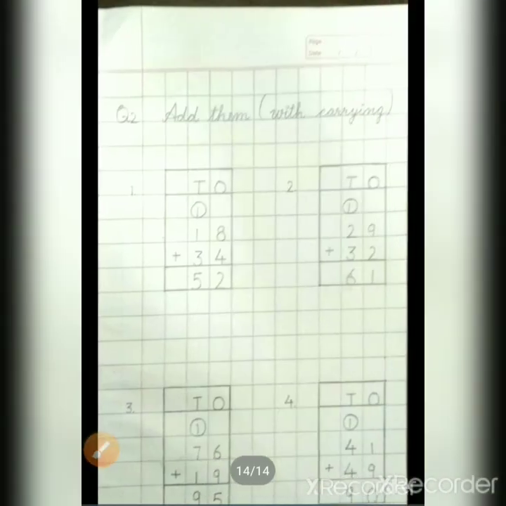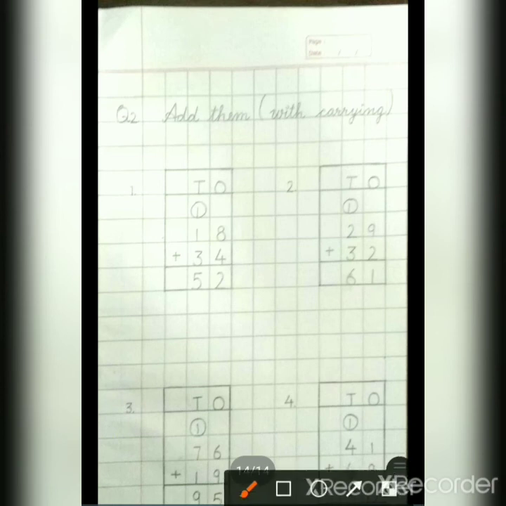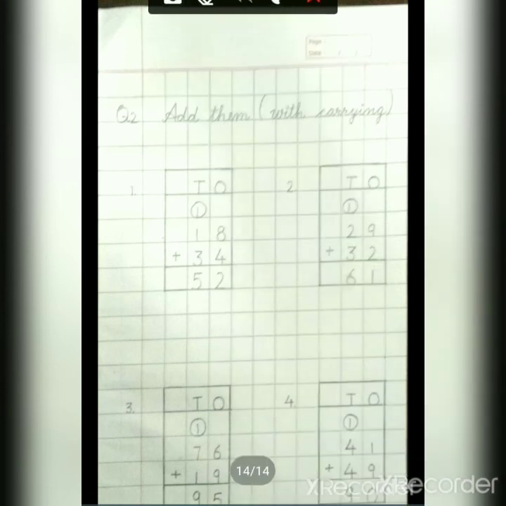Next page. Question number 2. Add them with carrying. Here also you have to make boxes, and inside the box you will write the numbers and then you will add them.